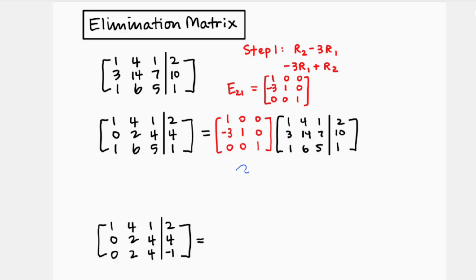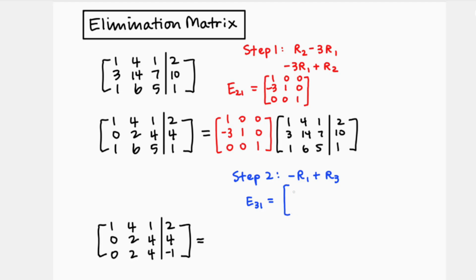Step 2, I took row 3 minus row 1, but I'm going to write that as the negative of row 1 plus row 3. And then I'm going to write my elimination matrix. I am going to call that one E31 because it cleared out the 3-1 entry of the matrix.